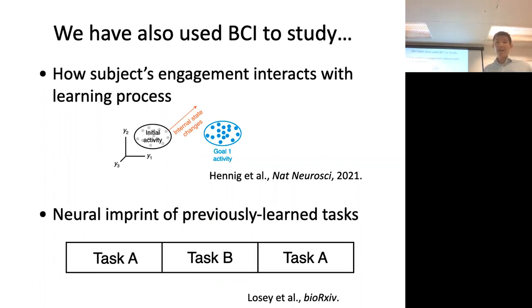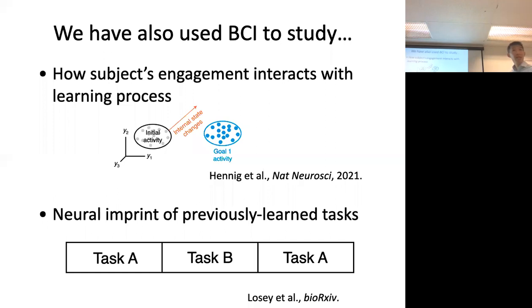Okay, and then in addition, more recently, we've been studying the concept of memory using BCIs. When you learn something, you want to be able to remember it, right? It turns out that when we have the animal use the initial mapping and then a perturbed mapping, and then we have the animal use the first mapping again, in principle, the animal can produce the same exact neural activity in this task A block as it produced during the first task A block.